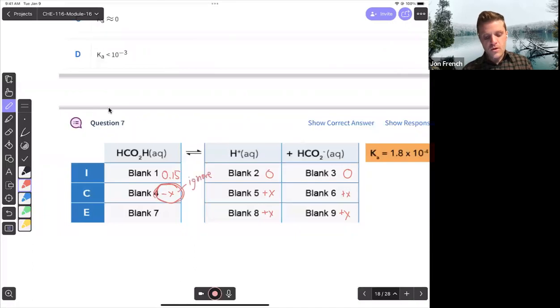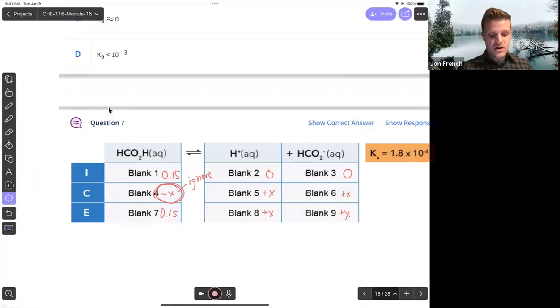We said we could ignore this change in X if we know an initial concentration, because our change in X for these weak acids or weak bases is negligible. We can ignore that and basically say at equilibrium, I'm going to have 0.15 molar of my acid, because a negligible amount of concentration is lost.